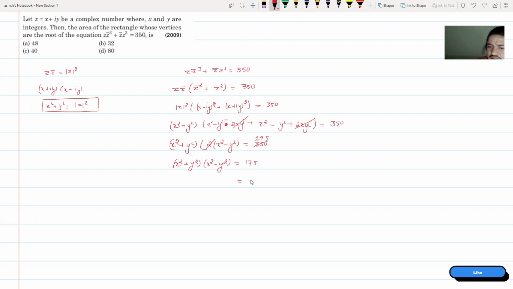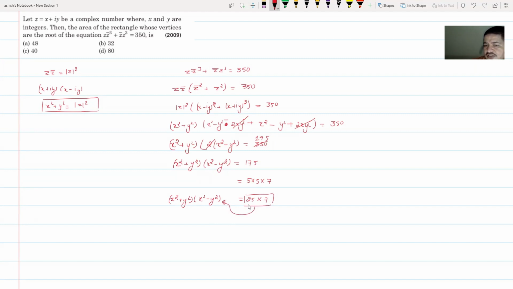If I take the factors of this, you will get 5 times 5 times 7, which we can write as 25 times 7. Now, one factor can be x square plus y square, and the other x square minus y square. Our task here is to take the values 25 and 7 in this form.